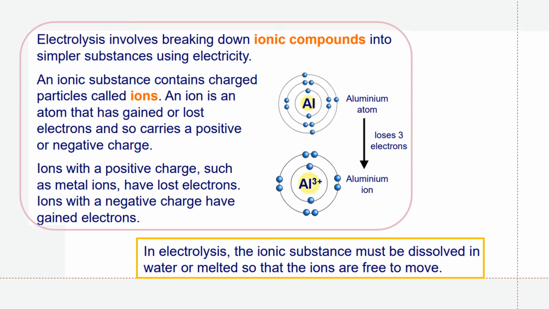Ions with a positive charge, such as metal ions, have lost electrons. Ions with a negative charge have gained electrons. An aluminium atom loses 3 electrons to become an aluminium ion, Al3+. In electrolysis, the ionic substance must be dissolved in water or melted so that the ions are free to move.